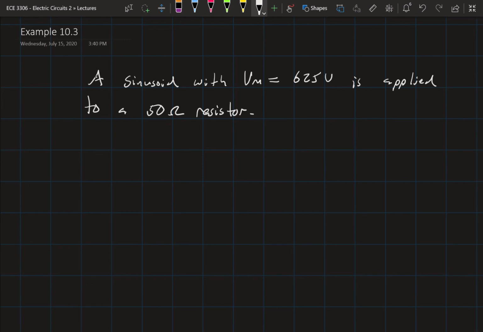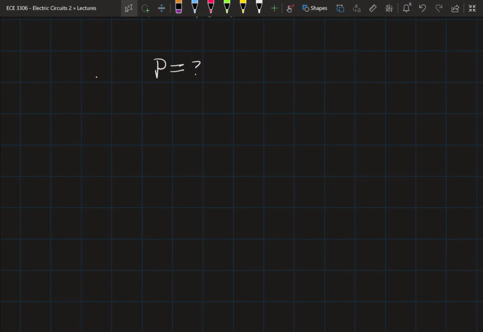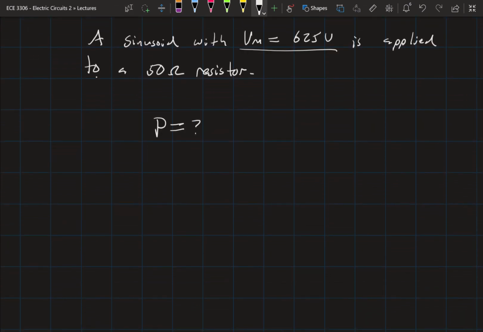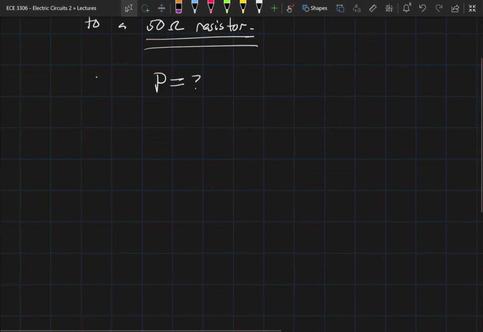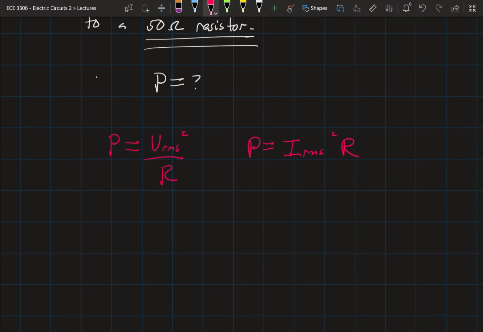So what is our power P? When we're given basically just this, we can distill it down, especially since it's just a resistor. There is no reactive component. It's all real. We can use the basic equations that we've already talked about. Remember, P is equal to V RMS squared over R, and by that same token, P is equal to I RMS squared times R. Since we're given V, we'll plug it in.